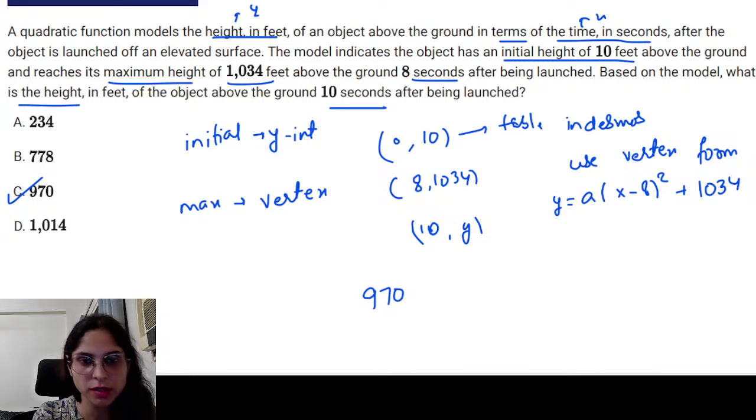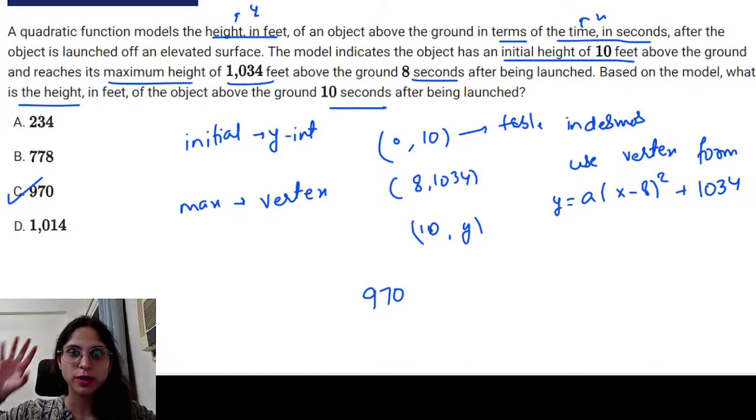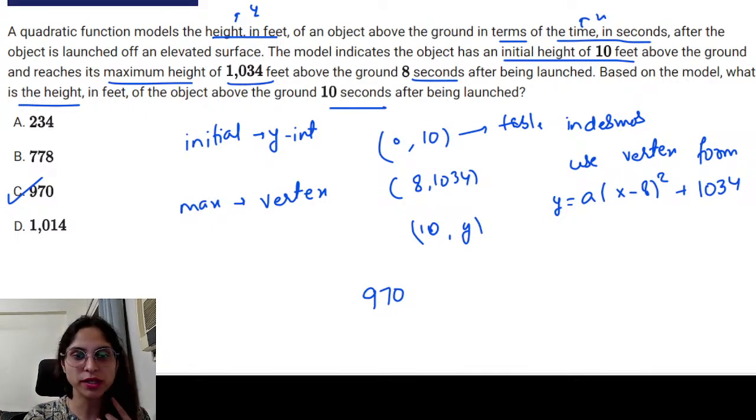Option C. So you have one point and you have maximum, that is vertex. Always write in vertex form, you will get the value of a, and then using that you can find your x or y, whatever it is. Alright? So this is a proper distance question. This was 97. Next question is 102.